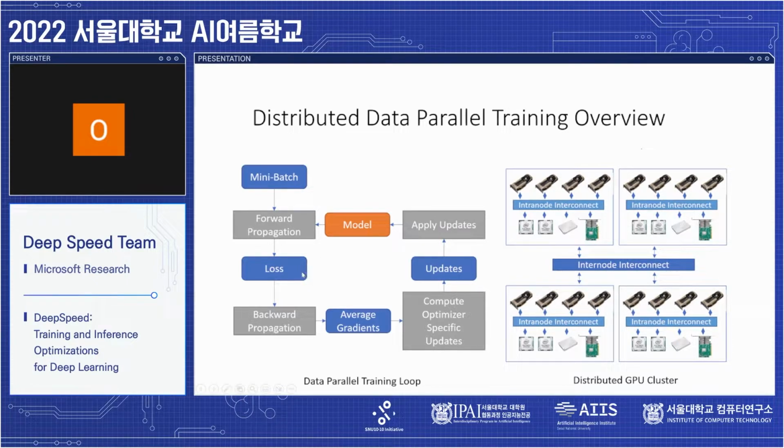It uses that loss to do a back propagation to compute gradients. And these gradients are averaged across all the GPUs. An optimizer is used to compute a specific update for the model and for the task. And this is applied to the model. And then the loop repeats where we fetch the next batch. And so basically, this is an overview of data parallel training. Next slide.